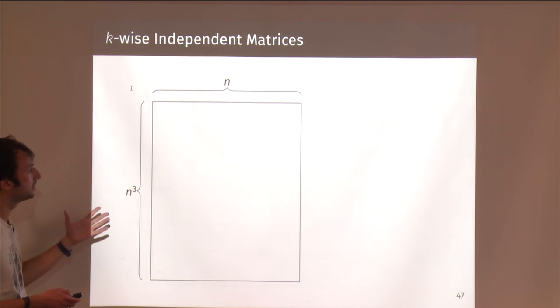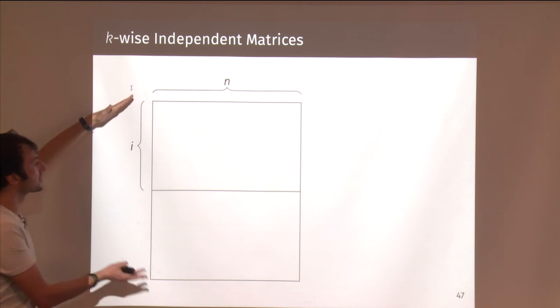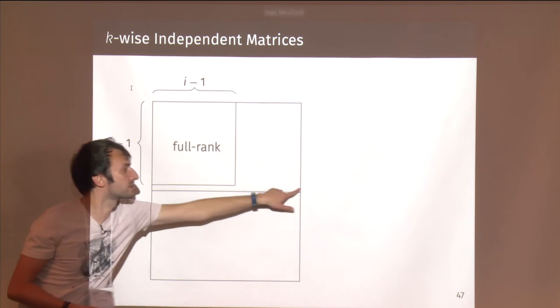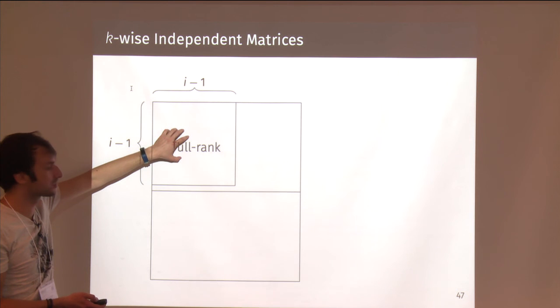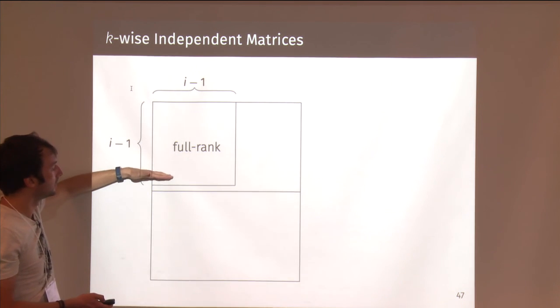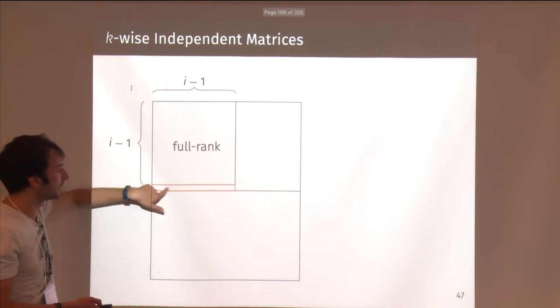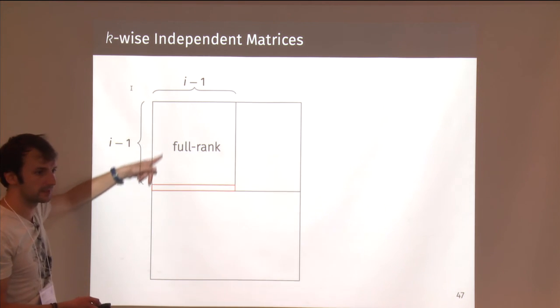Littlewood-Offord, here's how I use it. I say, assume this matrix is not full rank, and assume i is the smallest linear dependency. In particular, these i-1 rows are full rank. So there is some i-1 by i-1 full rank matrix. These rows give me a basis. So the remaining, the i-th row, is a unique linear combination of these guys.